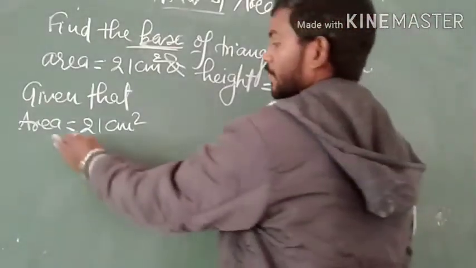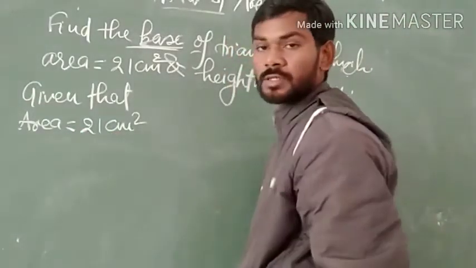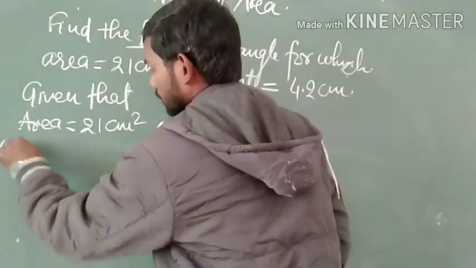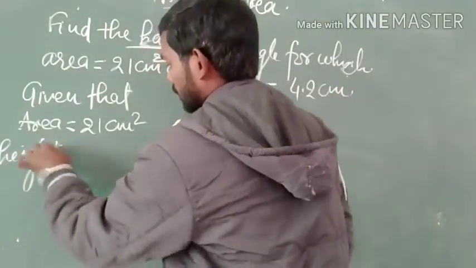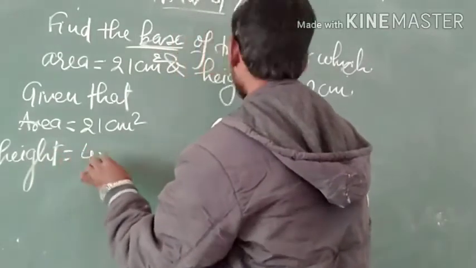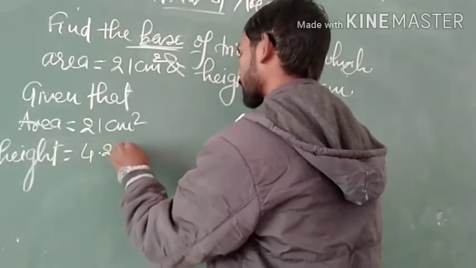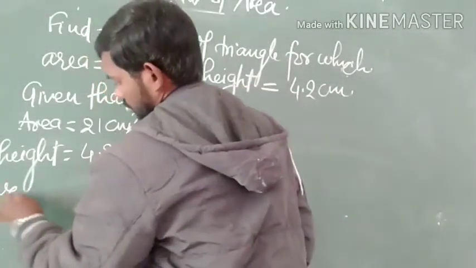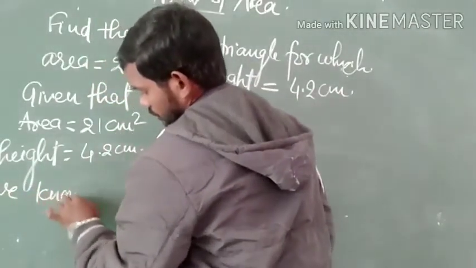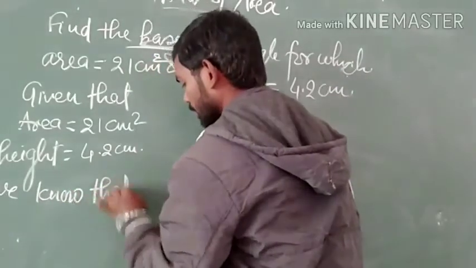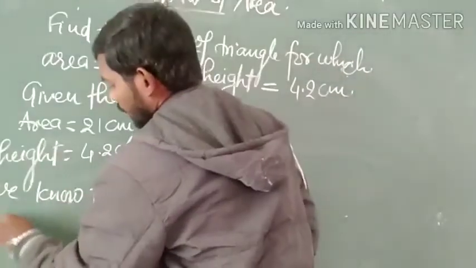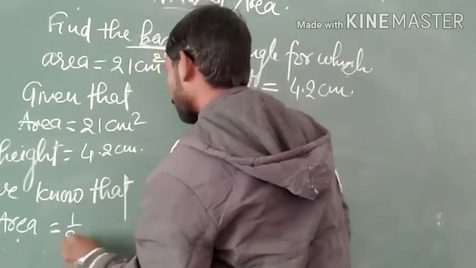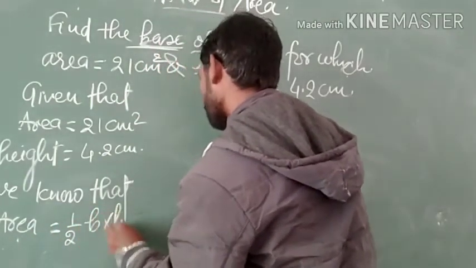So here we write the area is given, that is 21 centimeters square, and height is equal to 4.2 centimeter. Since we know that, area of triangle is equal to 1 upon 2 b into h.